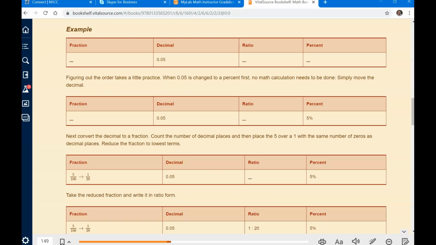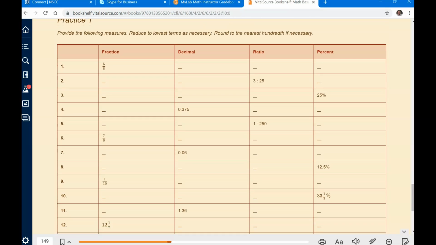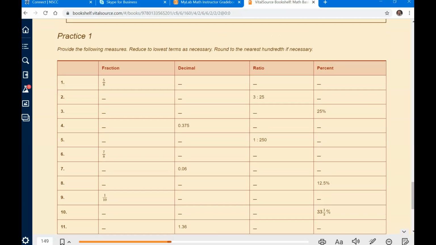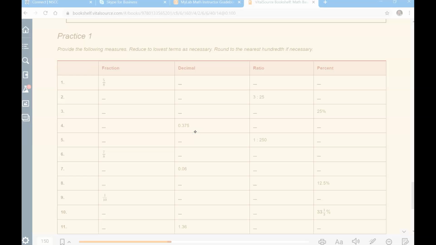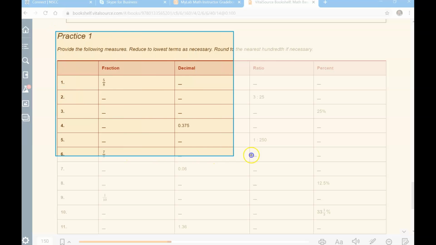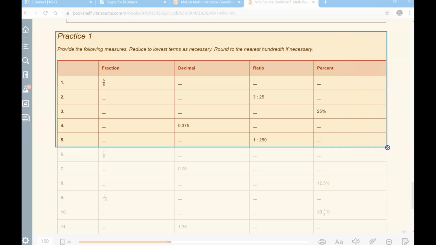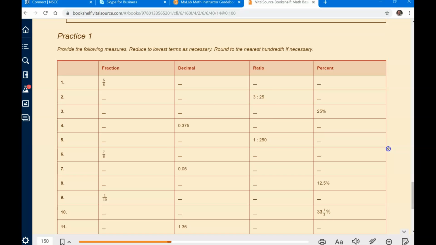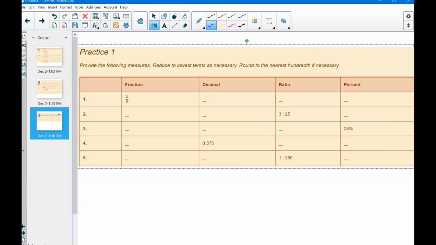Back to here. Let's do a practice one. There we go. All right, let's try this practice stuff. Try this.